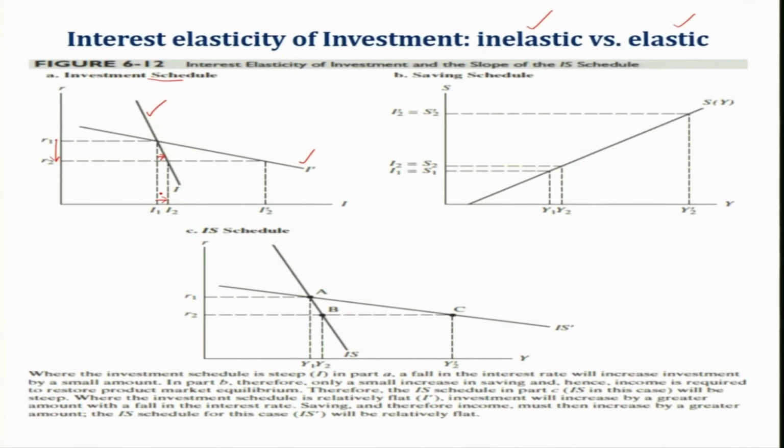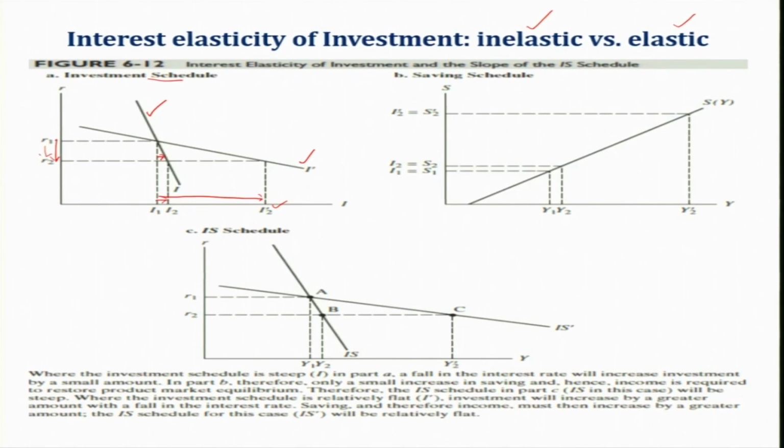That means the interest elasticity of investment is inelastic. In contrast, what if the interest elasticity of investment is very elastic? Then you can see that a decline in the rate of interest from R1 to R2 increases investment from I1 to I2 by this much.